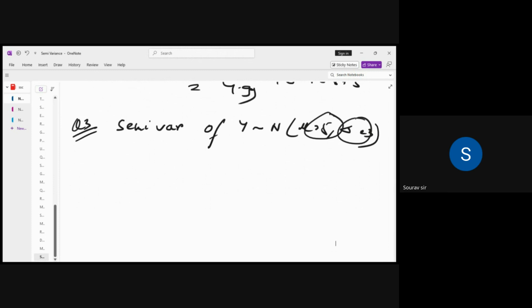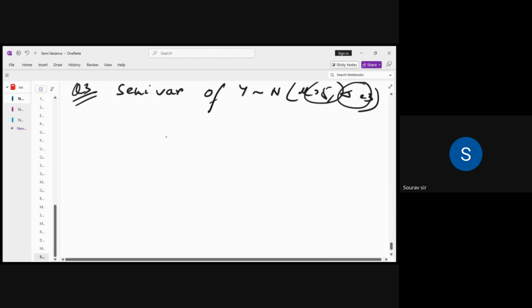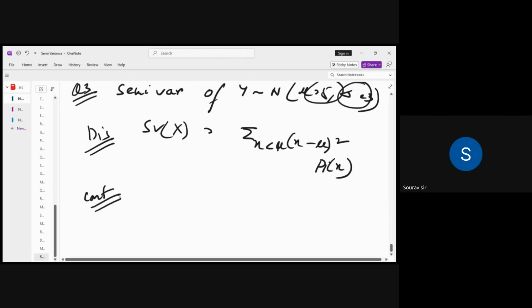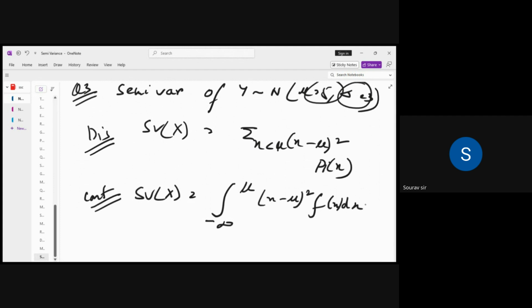So here it will be basically SV of x being summation of x less than mu, x minus mu squared, P of x, for the discrete case. And for the continuous case, it's the integral, just write it down, of x below mu, x minus mu squared f of x dx. Just the way I did.